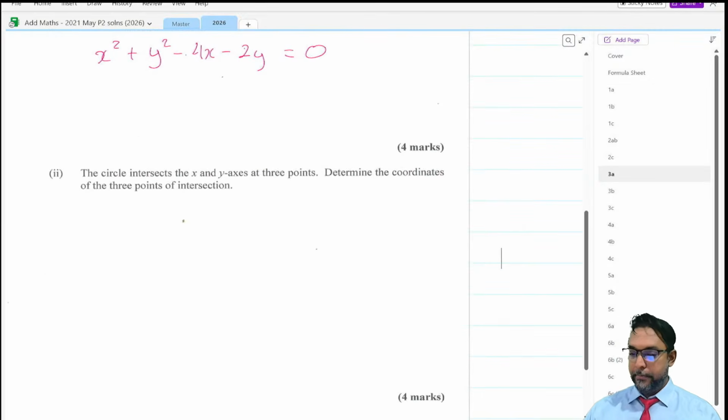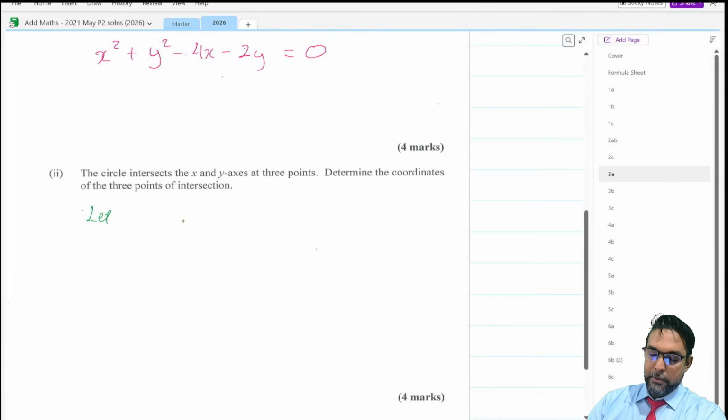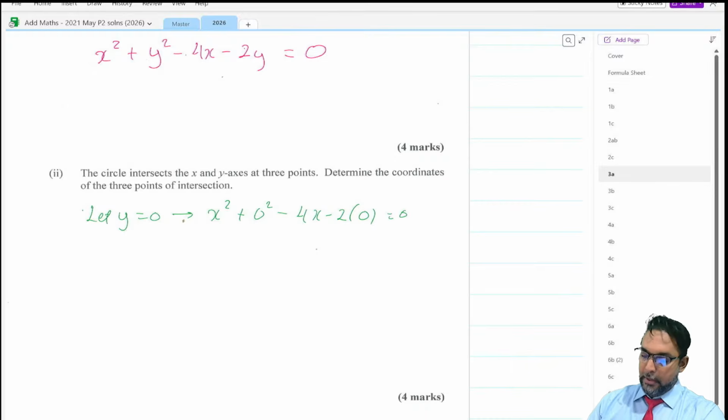So let's check it out. We're going to let y equal to 0, which means x squared plus 0 squared minus 4x minus 2 by 0 is 0. 0 squared and 2 by 0 is 0, leaving us with x squared minus 4x. We'll factor out the x and get x minus 4.